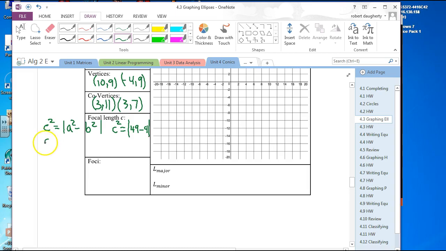So c is the square root of 45. You learned how to simplify that last semester. That is 3 times the square root of 5. So on my calculator, what is 3 times the square root of 5?